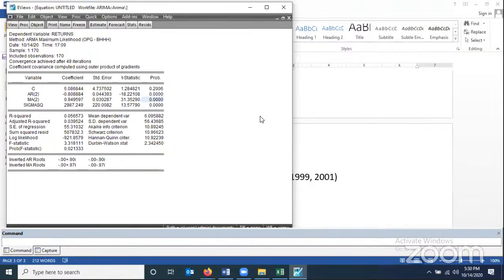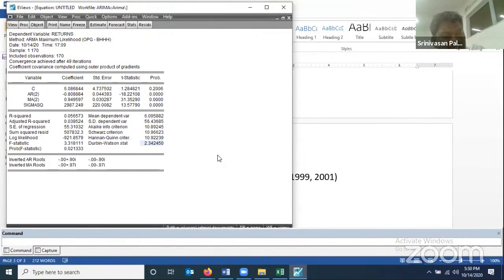DW test, right? If you see the DW statistic, it should be close to 2, around 2. But here the DW statistic is 2.34, so this model suffers from autocorrelation. So what you have to do is find the parsimonious, better model.